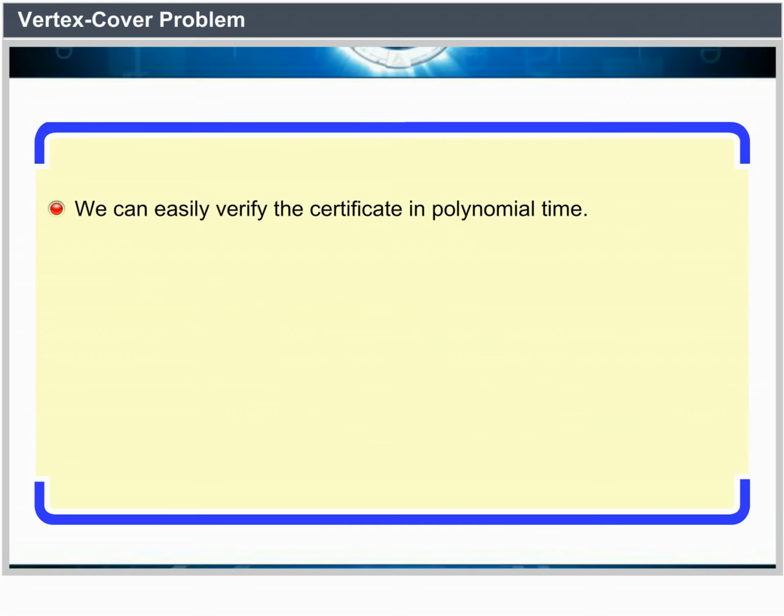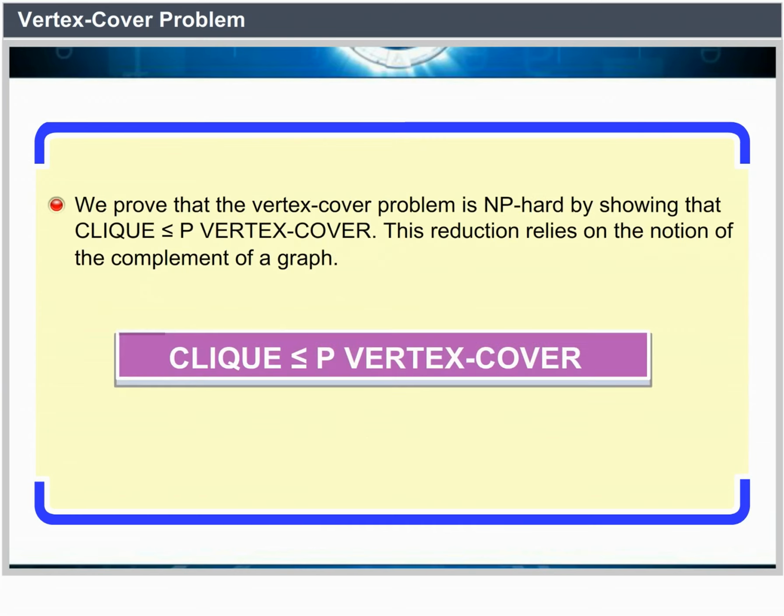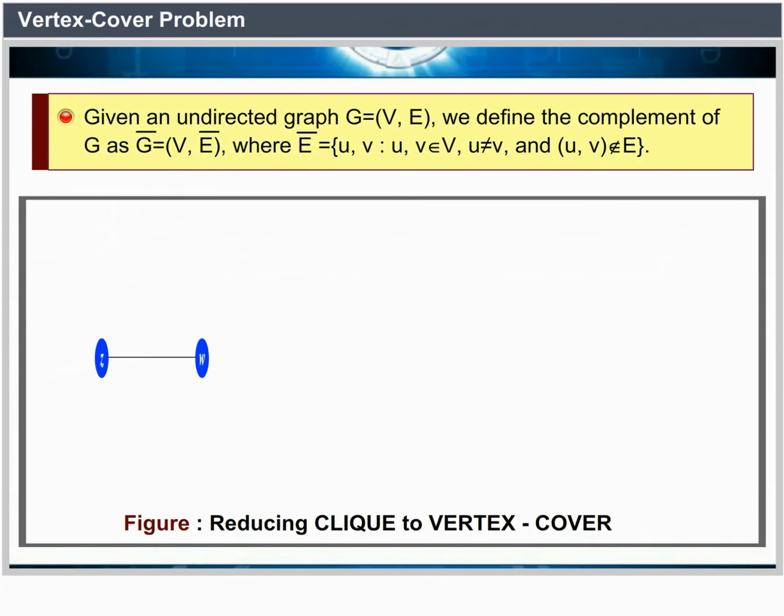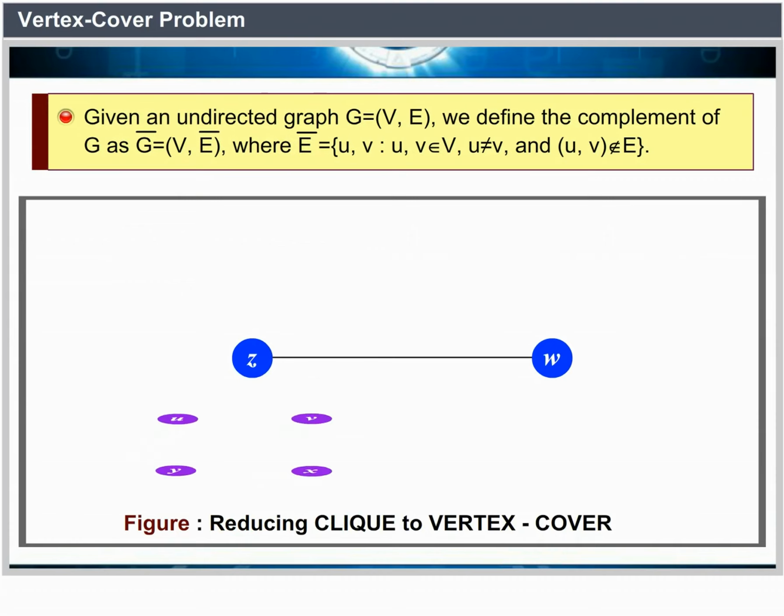We prove that the vertex cover problem is NP-hard by showing that clique polynomial reduces to vertex cover. This reduction relies on the notion of the complement of a graph. Given an undirected graph G = (V, E), we define the complement of G as G bar = (V, E bar), where E bar = {(u, v) : u, v belongs to V, u not equal to v, and (u, v) does not belong to E}.